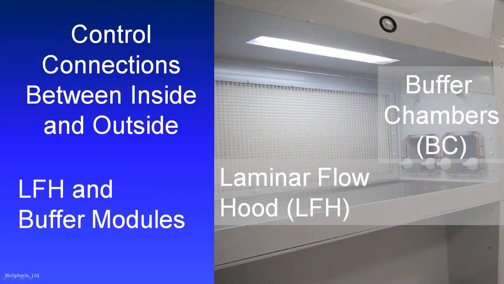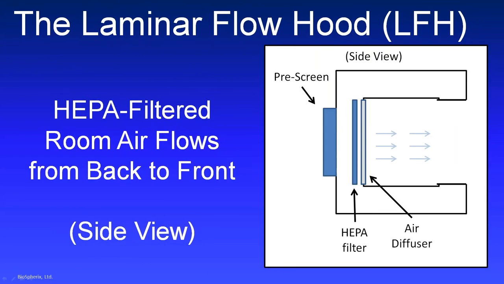So let's talk first about the laminar flow hood, or the LFH, and the buffer chambers. Those are what control the conditions around items that are being imported or exported from the system. The laminar flow hood, or LFH, is a space that's designed for staging items as they come into and out of the system.